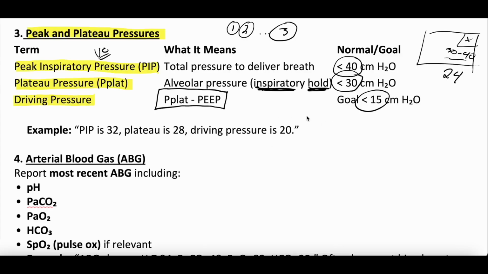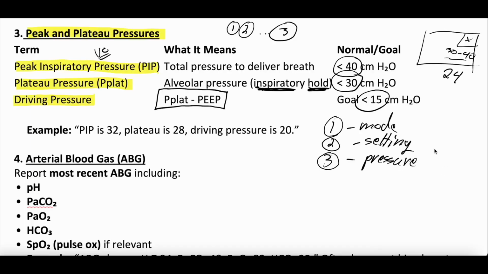All right, and if you were to connect all those, now we have 1, which is mode of ventilation, 2, which is settings, and 3, which is pressure. And you might say something like, patient X is on volume control. Their current settings are a respiratory rate of 18, tidal volume of 450, which is about 6 cc's per kg of ideal body weight.